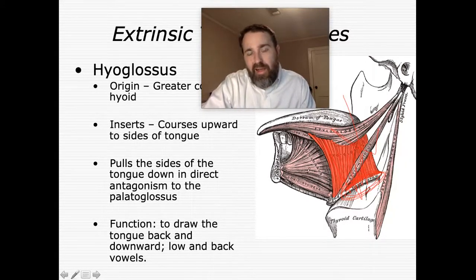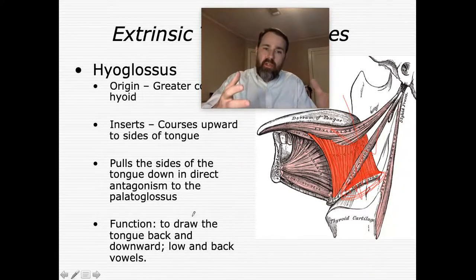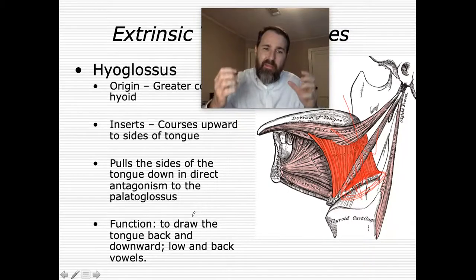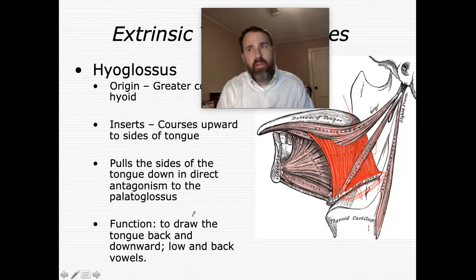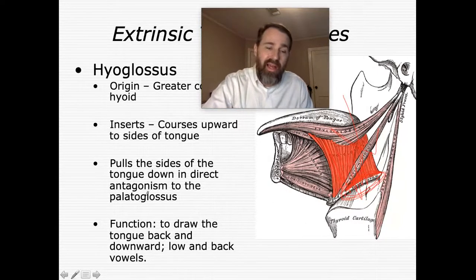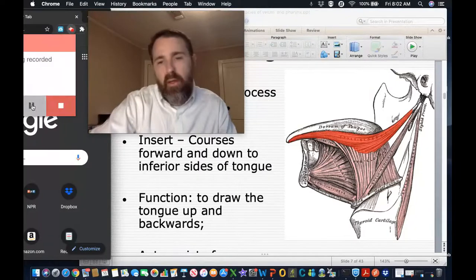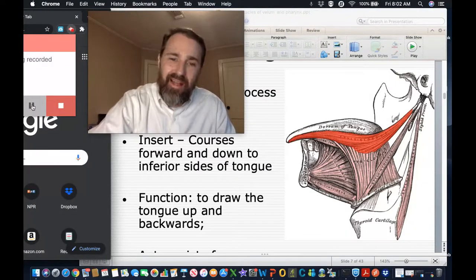So the function of the hyoglossus is to pull the tongue down and back, and this would be for the production of your low back vowels. The hyoglossus comes into play for those vowels.